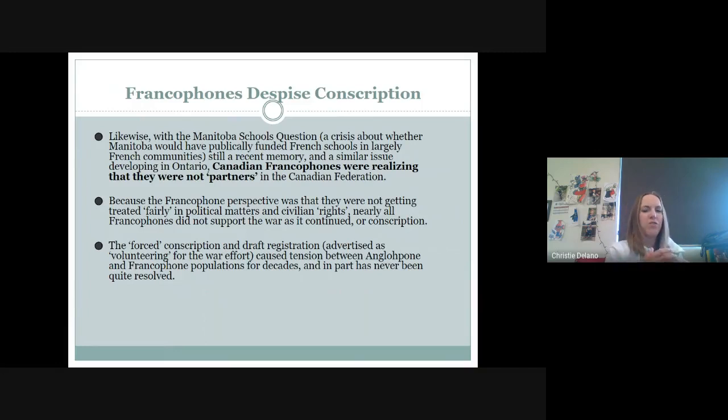They weren't getting treated fairly. They didn't feel as though they were getting treated fairly. And so as a result, they really didn't continue to support the war or conscription. And this forced conscription caused a lot of tension for the decades that followed.